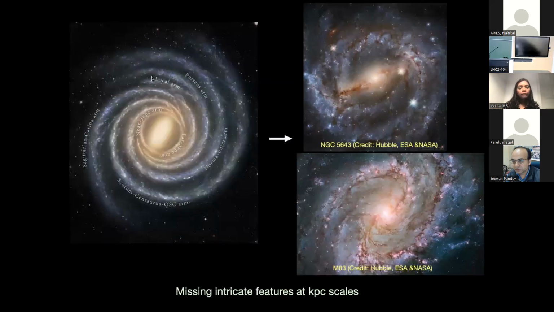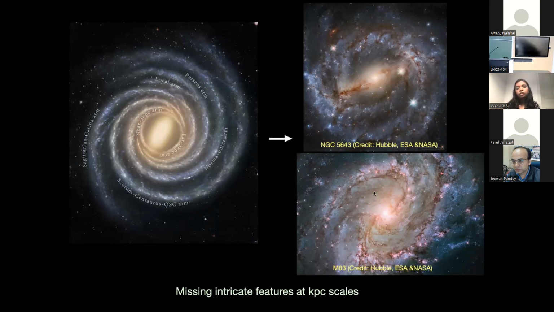So if we look at this picture, the latest about our galaxy, with some of the external galaxies, what we can immediately see is, okay, in this picture, we have information about the densest spiral arms.